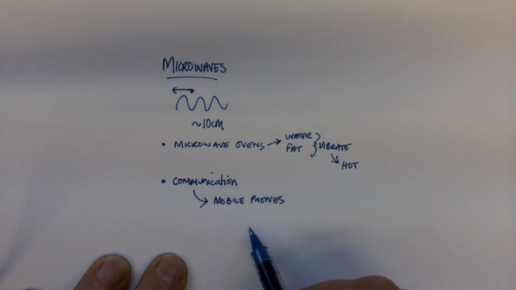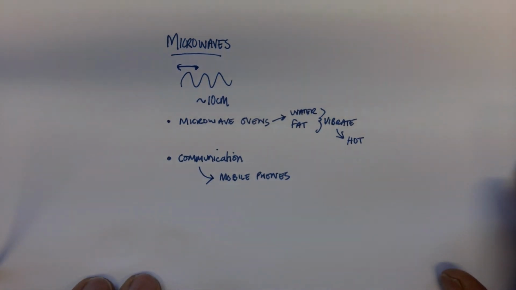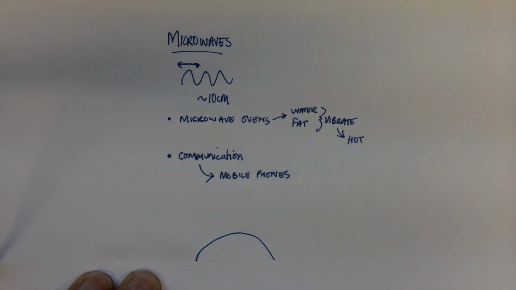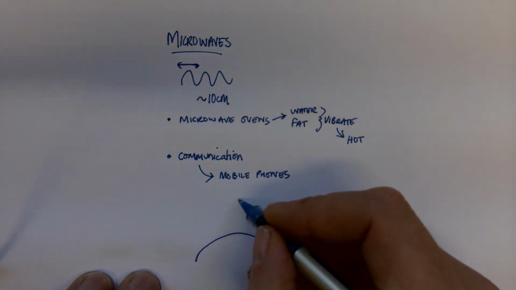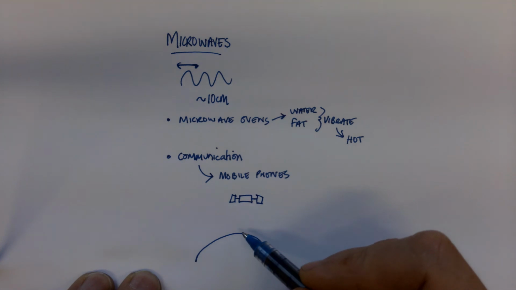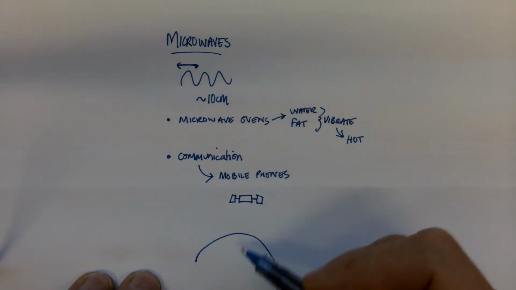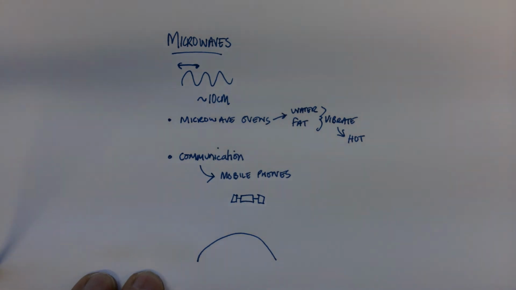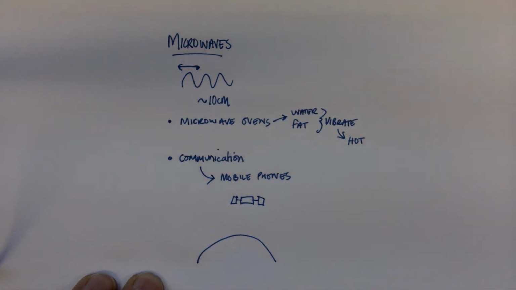But it's not just mobile phones. Another very important property of microwaves is that if you've got the planet Earth and you've got a satellite up in space and you want to communicate with the satellite, you need to find a way of sending messages back and forth. Now, you could use radio waves, but radio waves are quite long wavelength and therefore can't send much information.